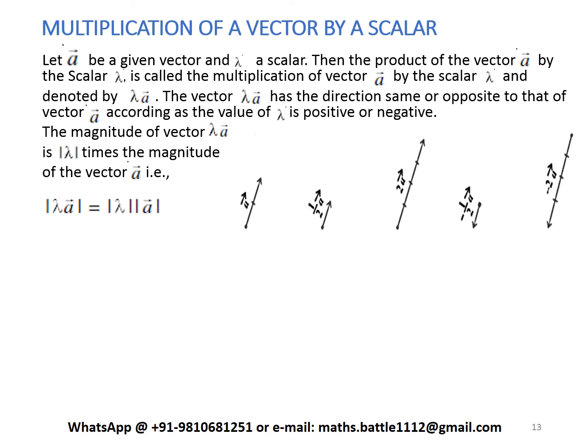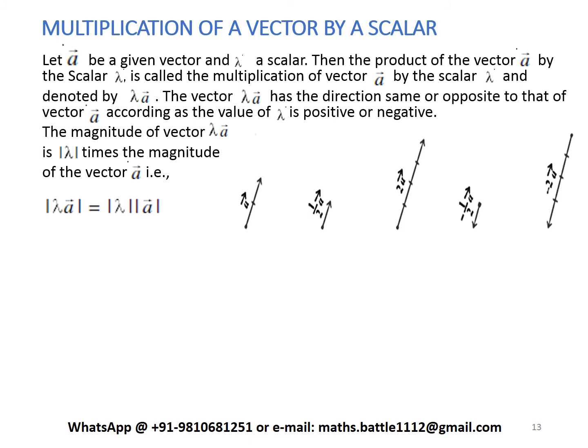The vector lambda A has the same or opposite direction to that of vector A according as the value of lambda is positive or negative. For example, if it is negative, then its direction is opposite to vector A. If it is positive, then the direction is the same as that of A.